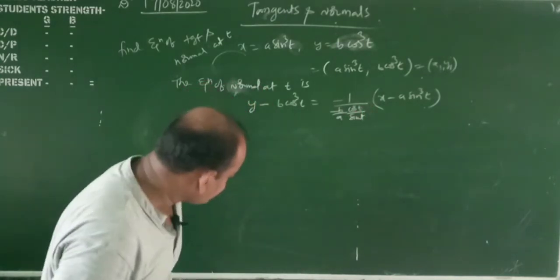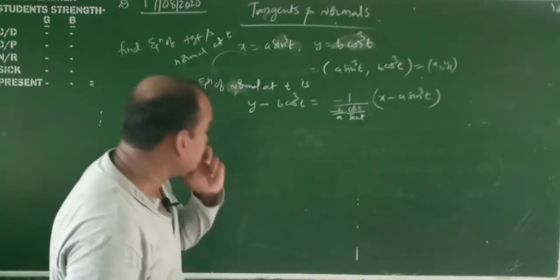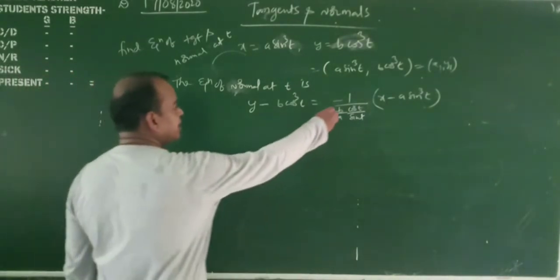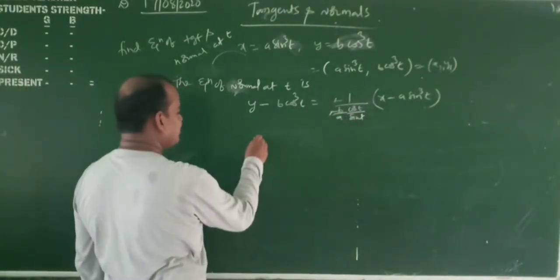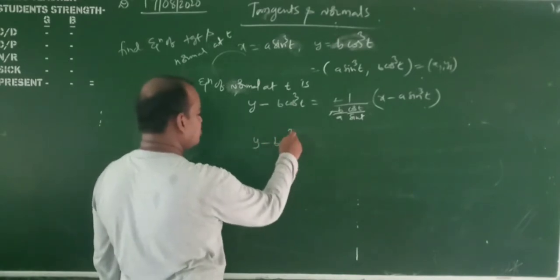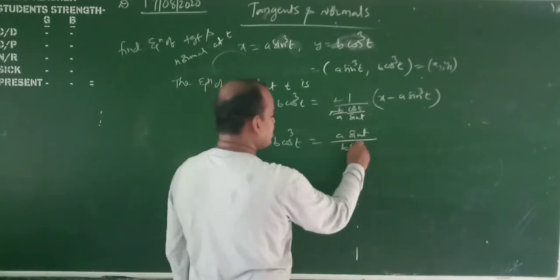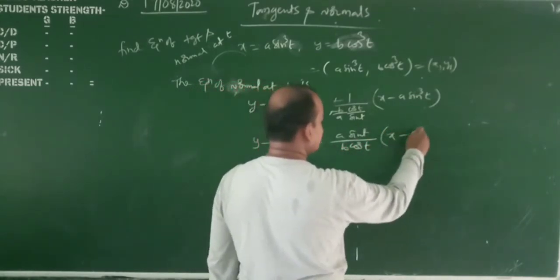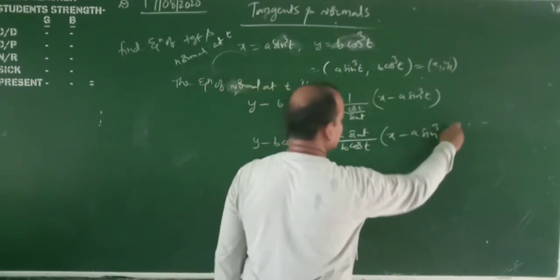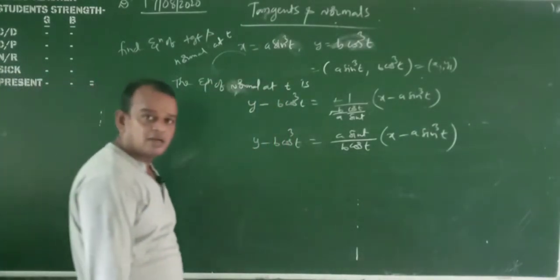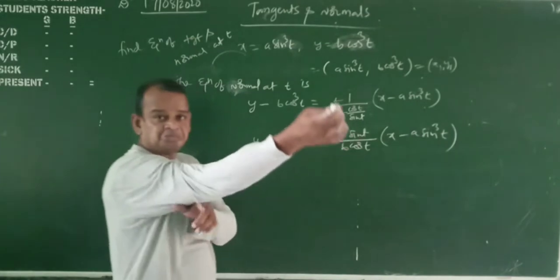Minus 1 by m, the minus signs cancel, gives a sin t by b cos t. So y minus b cos cube t is equal to a sin t by b cos t into x minus a sin cube t. Any doubt? No doubt.